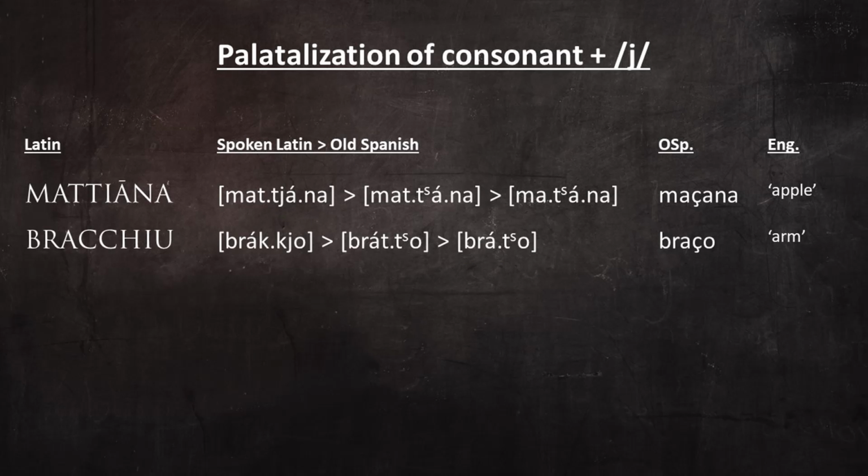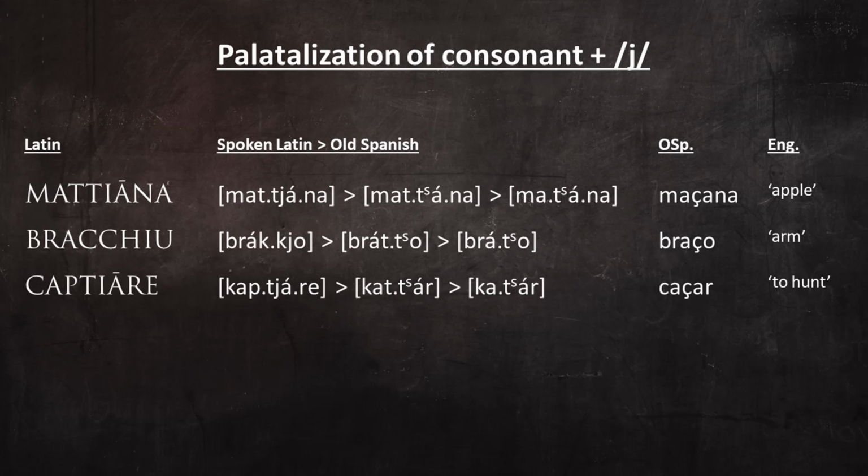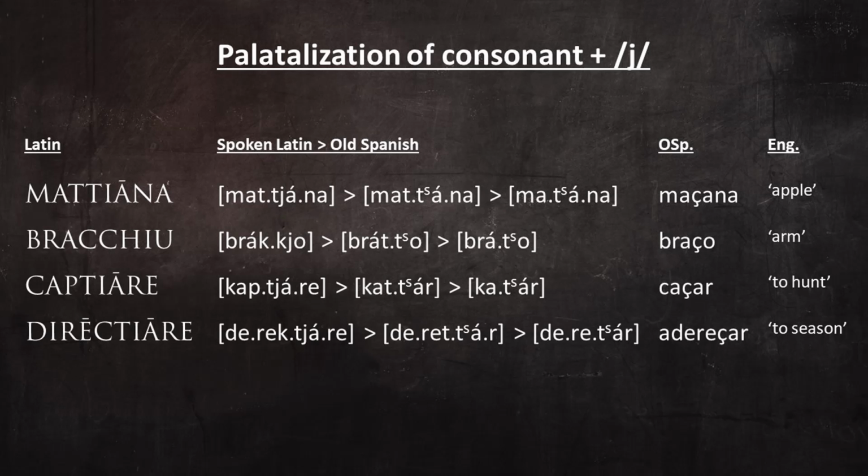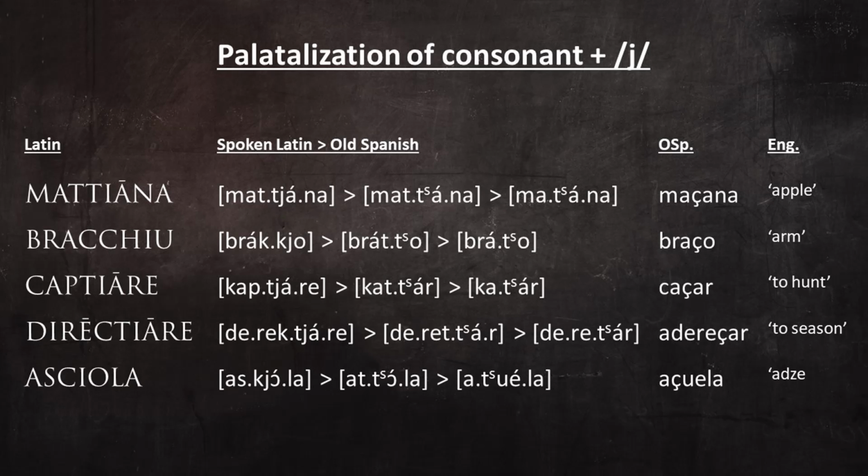And braccio became brazzo, and then brazzo. Captiare reduced to cazzar, and then cazzar, and derectiare reduced to derezzar, and then derezzar. And in this example, asciola reduced to azzola, and then azzuela.